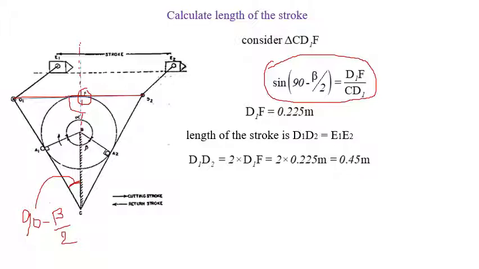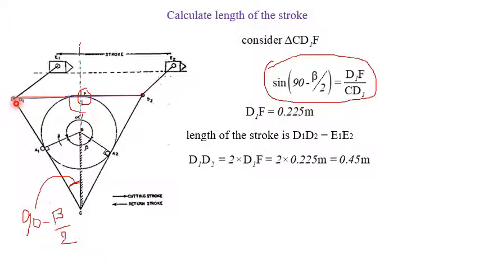In this equation, we need to find the length of D1F, because the length of D1D2 is the same as the length of E1E2.